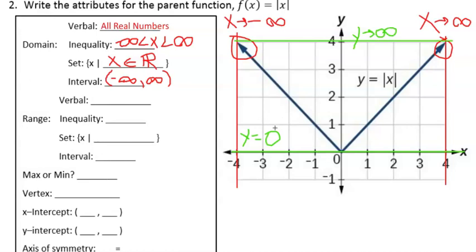So for our verbal notation, we could just say that y is greater than or equal to 0. This 0 is included because this sharp point right here is included in the set. You could make a point at 0, 0.